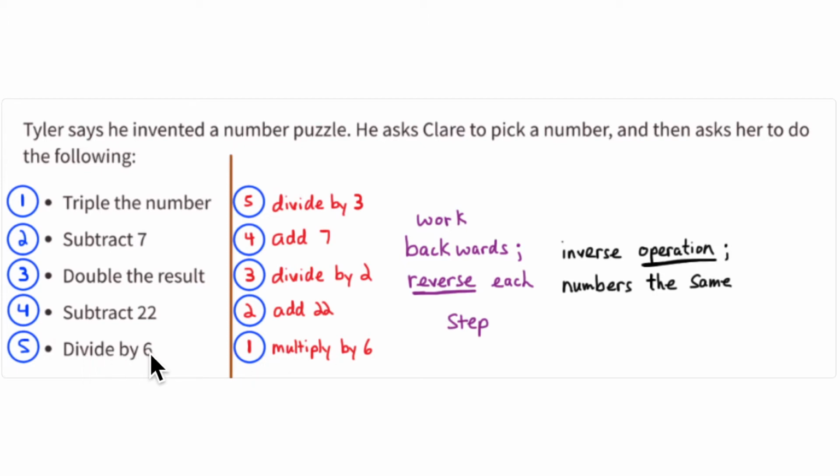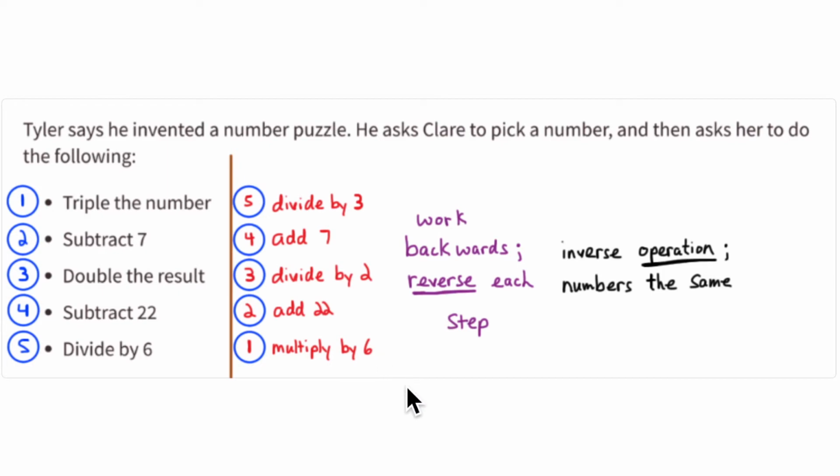You divide by 6, so to go backwards you multiply by 6. To subtract 22, to go backwards you add 22. To double the result, to go backwards you divide by 2, because double means to multiply by 2. To subtract 7, you add 7. And to triple a number, which means multiply by 3, you divide by 3. So you work backwards by using the inverse operation, but notice that all the numbers stay the same.